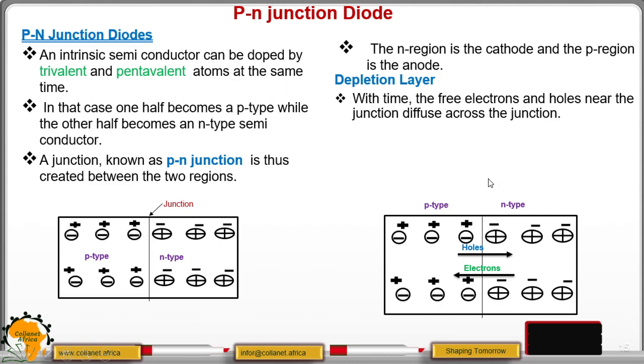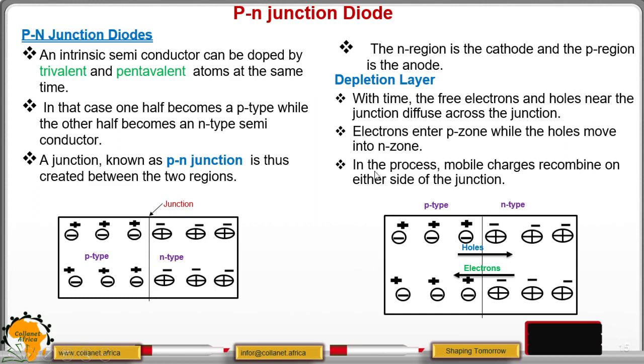As that happens, the electrons enter the p-zone, while the holes move to the n-zone. And in the process, we shall have mobile charge recombination. That is, if there was a hole here, as the electron comes here it will recombine with that hole, and when that happens there will be formation of fixed ions.